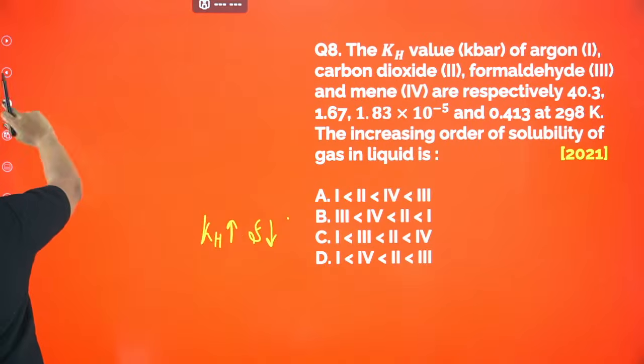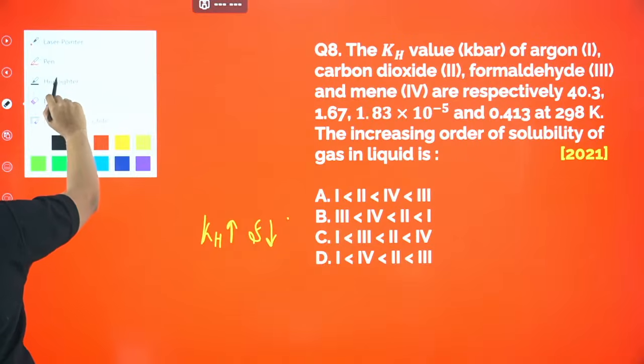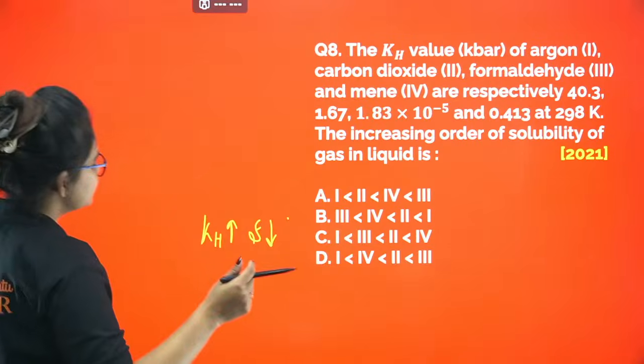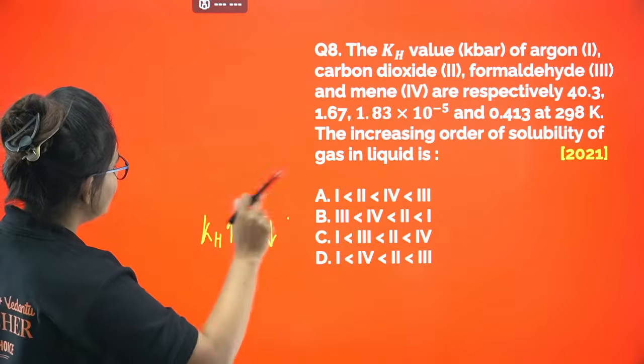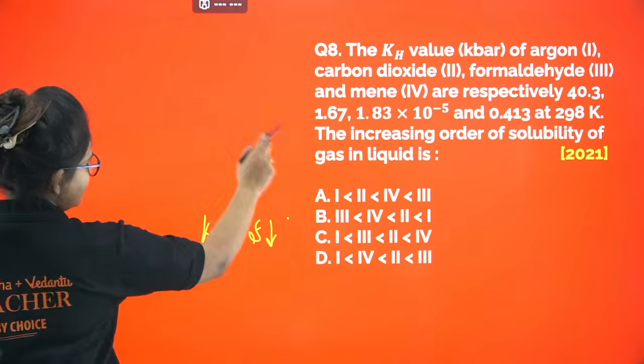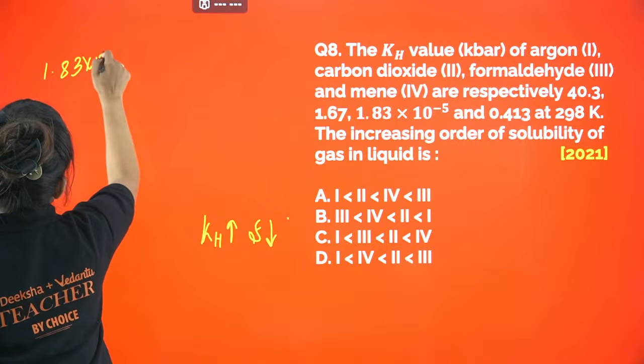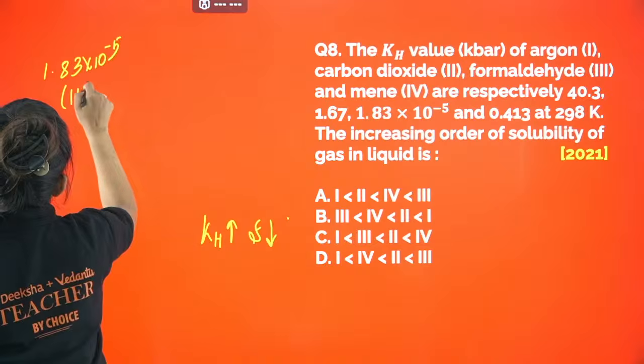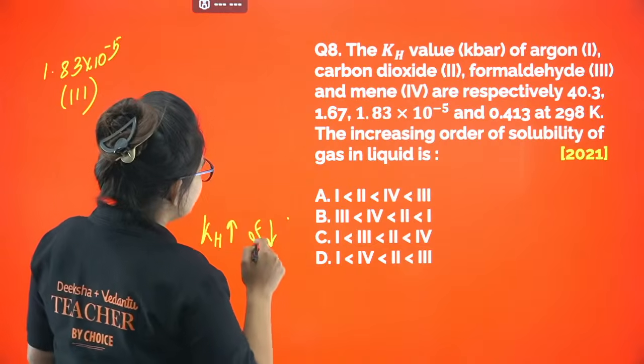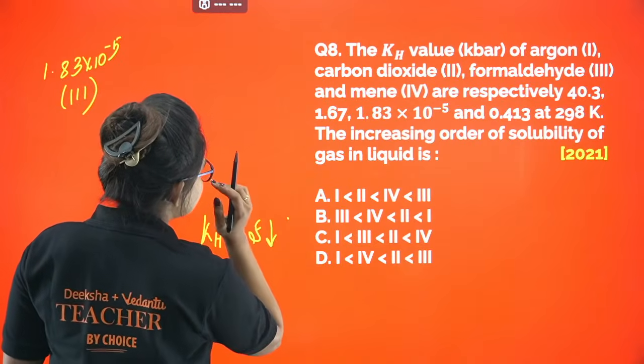Okay, wait. So if I want to find out the solubility order, we have to arrange the KH from lower to higher, right? So the lowest value is 1.83 into 10 power minus 5, that is of 3, right?